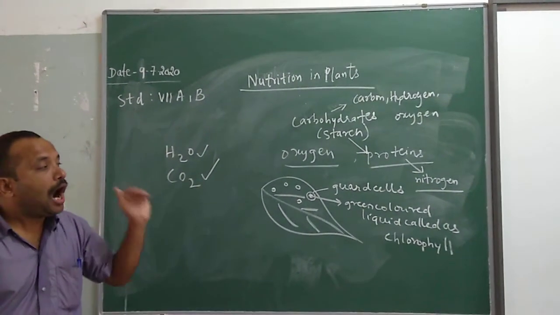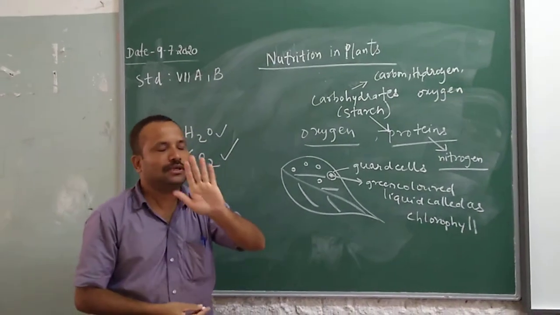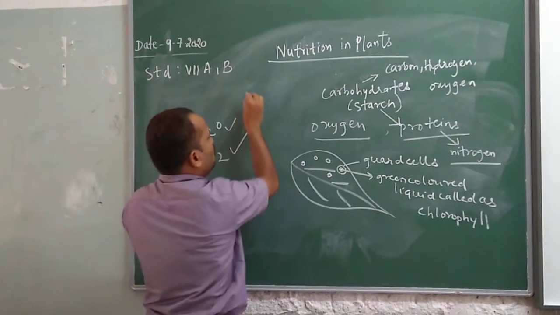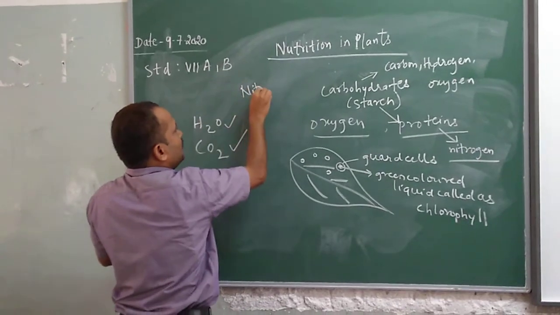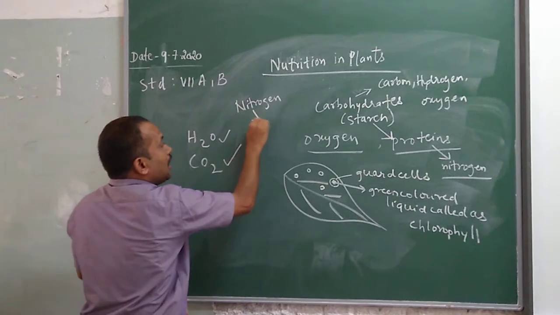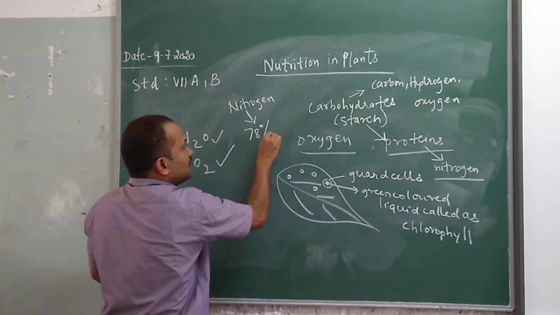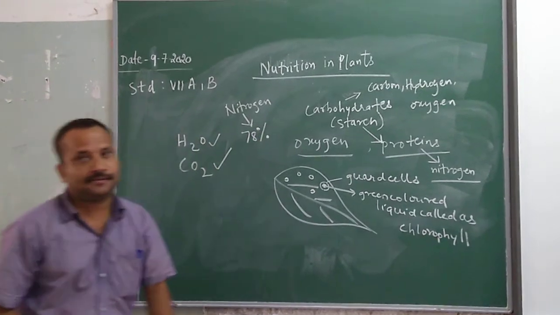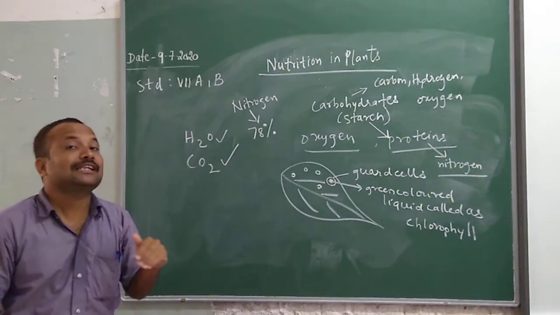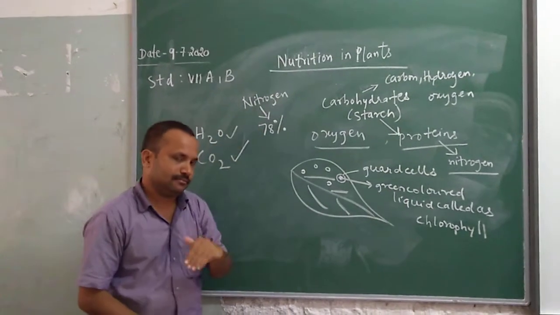Then, children, I have to speak about how the plant can get the nitrogen. Nitrogen in air is around 78%. But plants cannot make use of this atmospheric nitrogen.